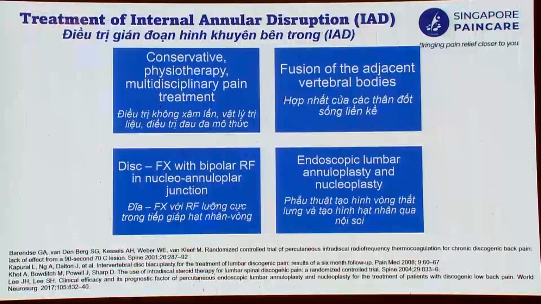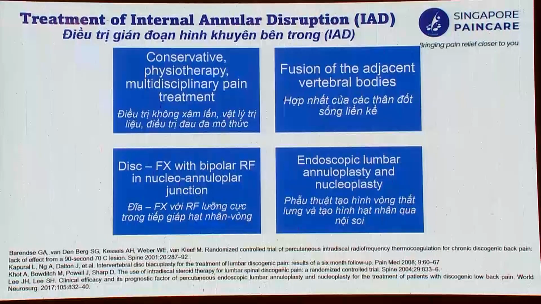For the treatment of so-called discogenic back pain, there are a whole variety of things out there. Annuloplasty is one of them, but I'll just walk through with everyone. Number one, on one end, conservative. So for all axial back pain, conservative treatment up to 6 weeks. You can do physio, painkillers, pharmacotherapy, multidisciplinary pain treatment.